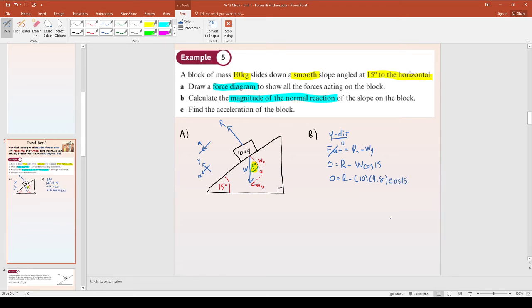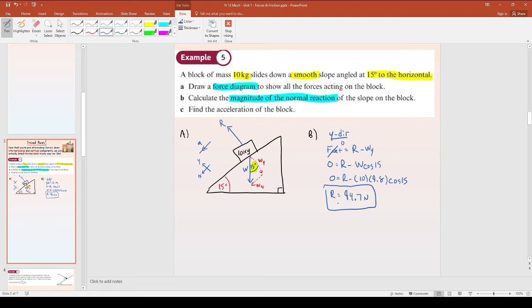After the substitution step, there's never, ever, ever any more marks, so skip steps all you like. Use your calculator, which is amazing. So it's going to be 98 cos 15, which I have is 94.7. So 94.7 newtons, like a boss.